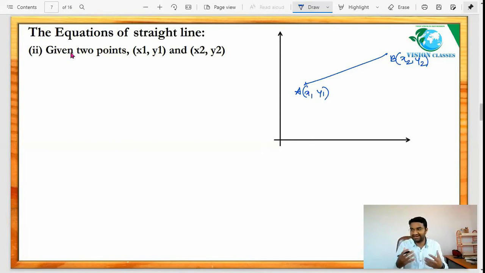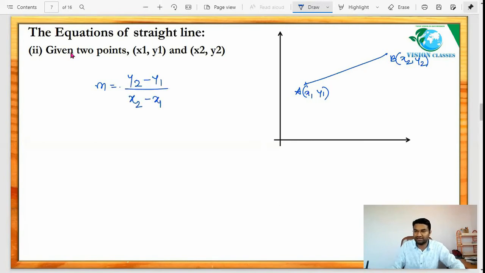In that case, generally we have to find the gradient. As I told you earlier as well, gradient is y by x. To find the y, you take y2 minus y1, and x2 minus x1. Okay, so here you get the m, right?